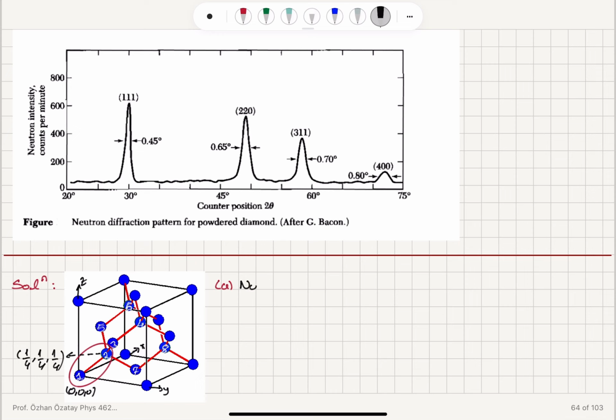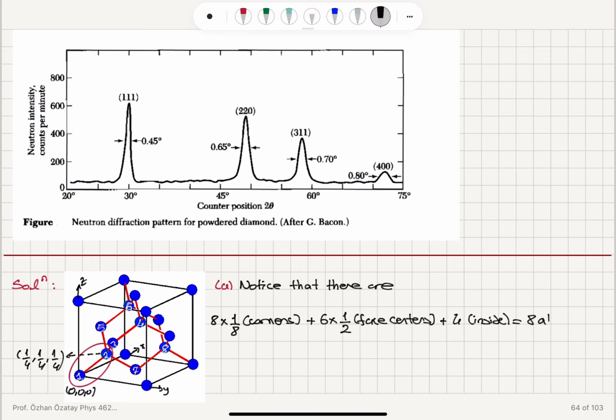First of all, notice that there are 8 atoms at the corners, 1/8 of each inside the cell, so 8 times 1/8 from the corners; 6 atoms at face centers, half of which are inside the cell, so 6 times 1/2 from face centers; and 4 completely inside the cell. Therefore, we have 8 atoms per cell.